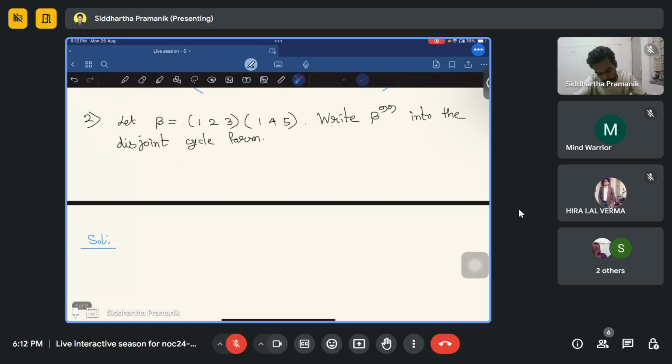So we need to first find beta to the power 99, right? So we can't just multiply beta with itself 99 times. So there should be a more convenient way of doing this, right? So our group Sn is a finite group. So every element is of finite order. So let's first find the order of beta.